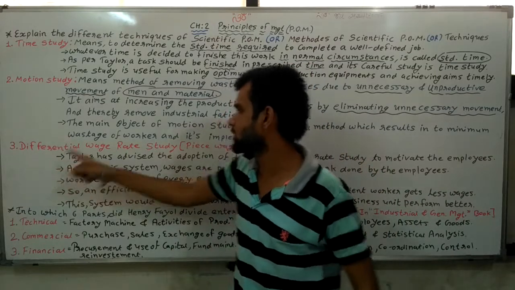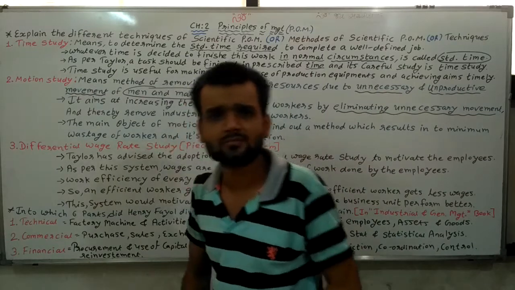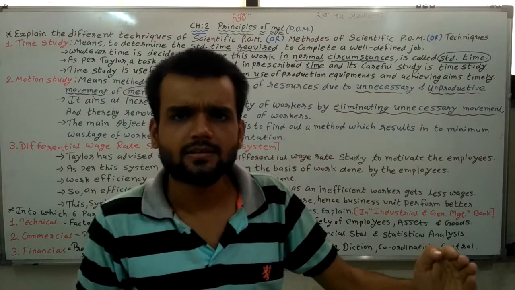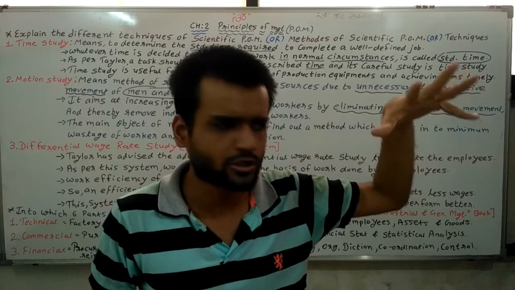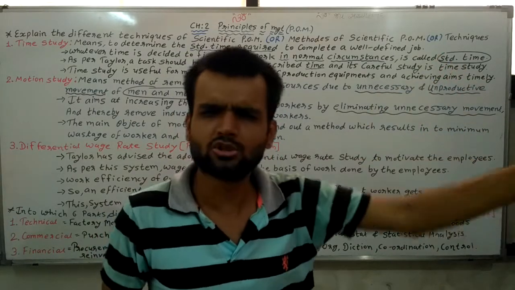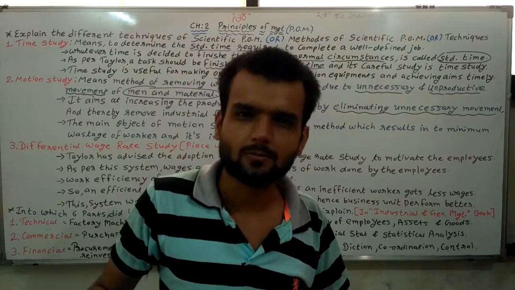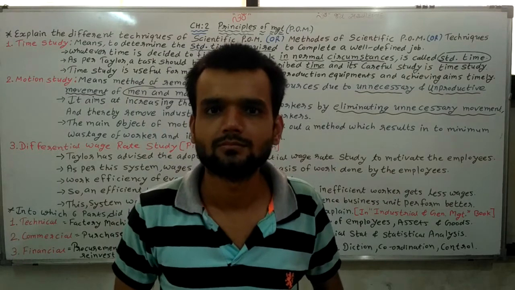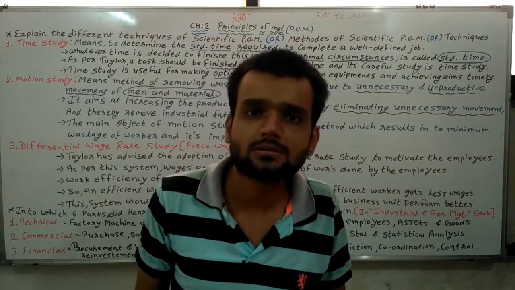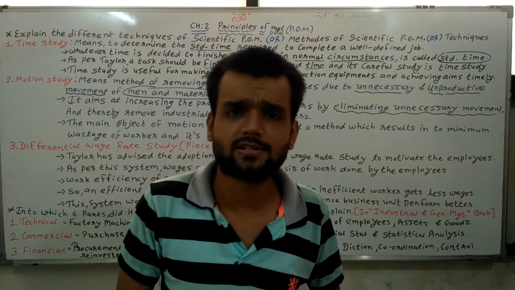Third, differential wage rate study, the piece wage system. Standard is decided: employees, workers can produce this many units. But suppose an efficient worker produces more, then pay more. Produces less, then pay less. This is the differential wage rate system.